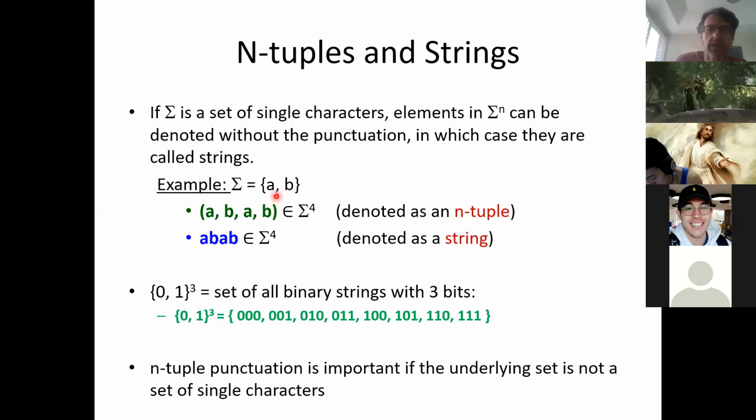Now, instead of thinking of them as n-tuples or sequences of length n, I can think of them as strings. Here is a usual notation for a set when we define an alphabet, like, for example, when you explain what a Turing machine is.